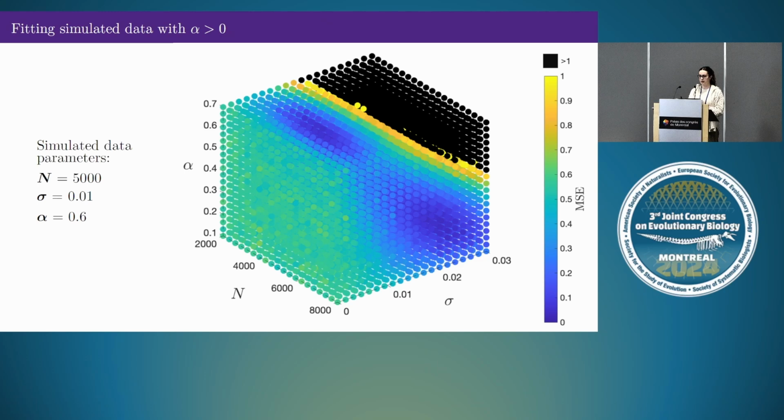If we look at results from attempting to fit simulated data with positive autocorrelation, we can see 2 regions with relatively low mean squared error. And some parameter values can be kind of ruled out and were unlikely to cause the observed shift from the simulated data.